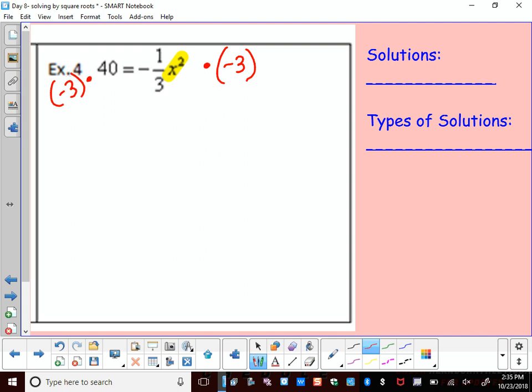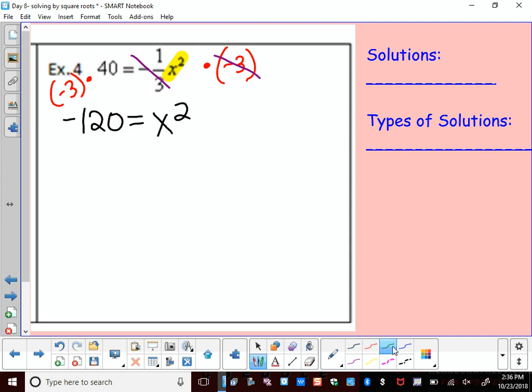When that happens, negative 3 times 40 gives me what? Negative 3 times 40 gets you negative 120. Negative 120 is equal to, well, this negative 3 and negative 1/3 cancel out. So what's left over on the right side? Just x squared.